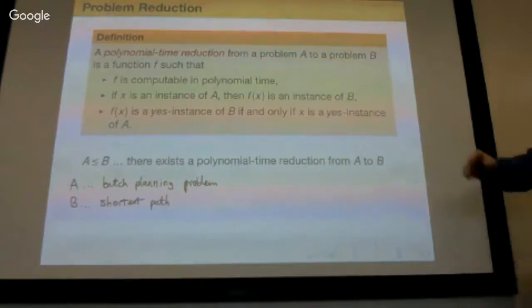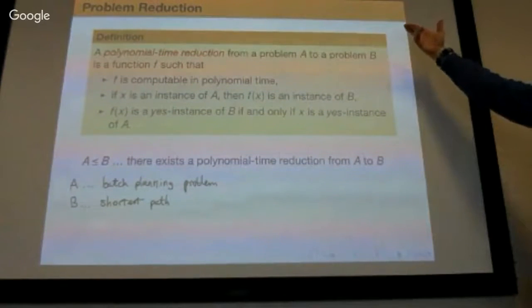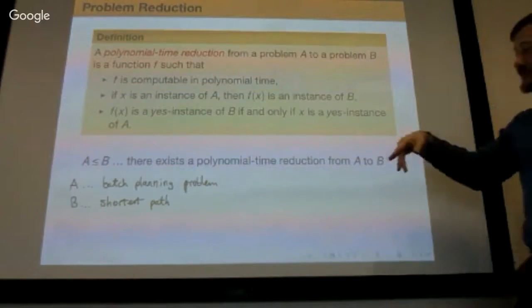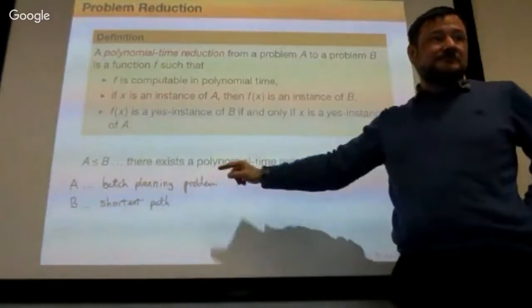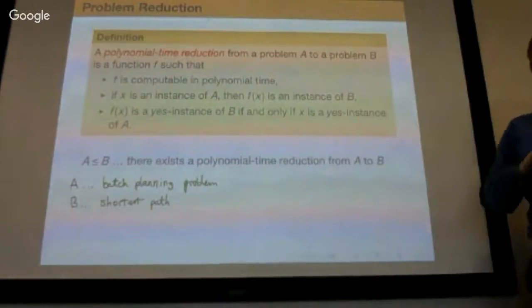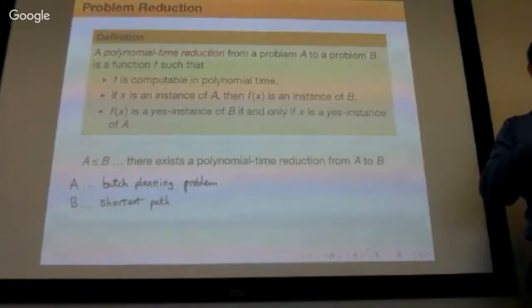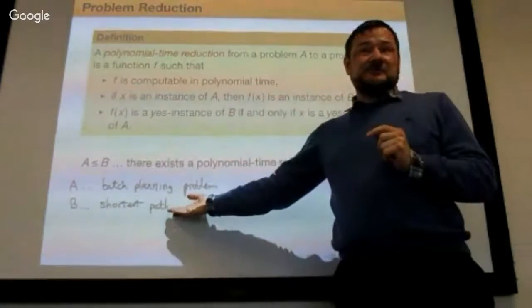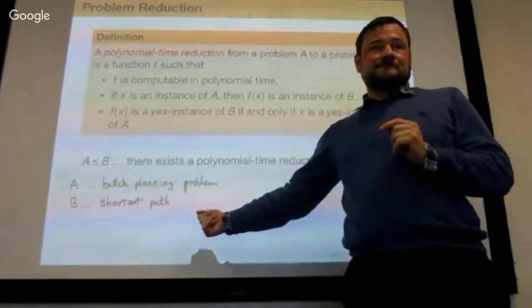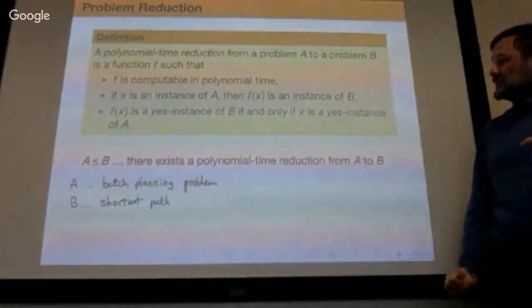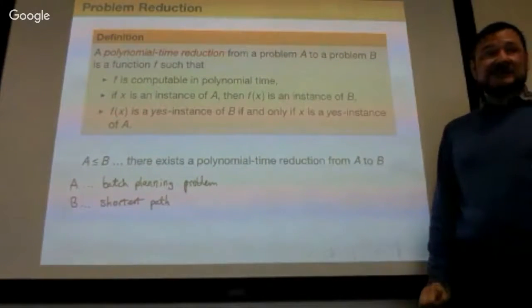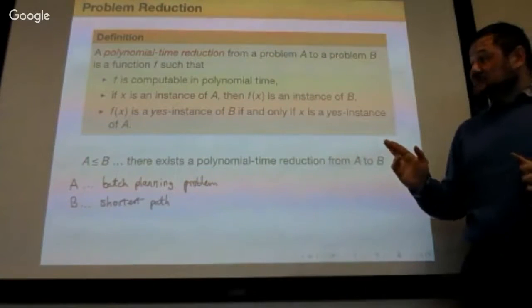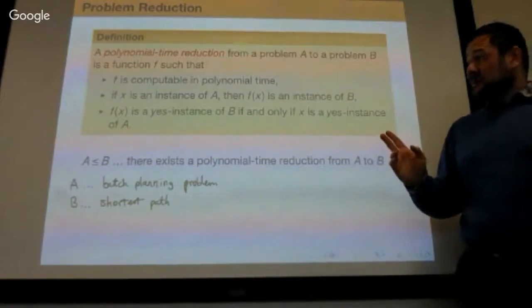What the reduction does is take an input for the first problem, compute something, and spit out an input for the shortest path problem. That's all it does.